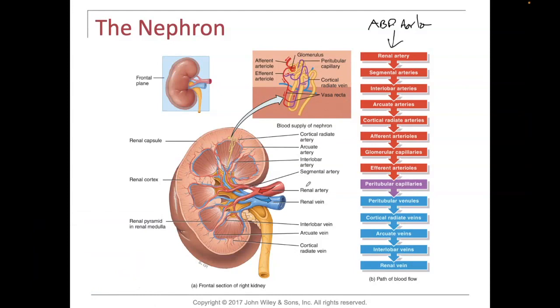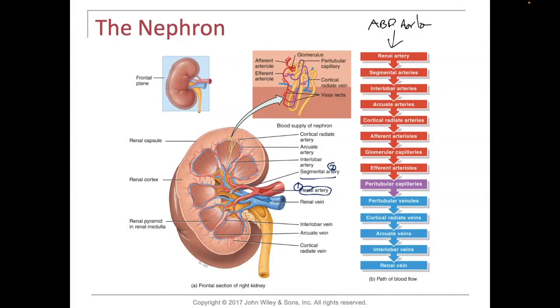Okay. So we're going to start here at that renal artery. The abdominal aorta has a branch coming off of it called the renal artery. Let's call that number one. Right after the renal artery, the segmental artery is number two.